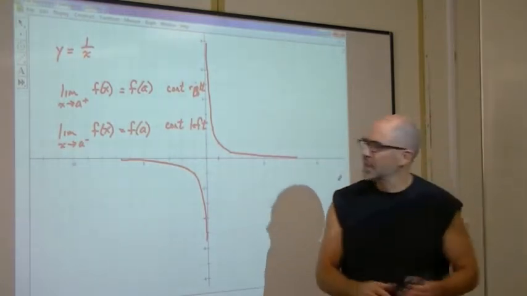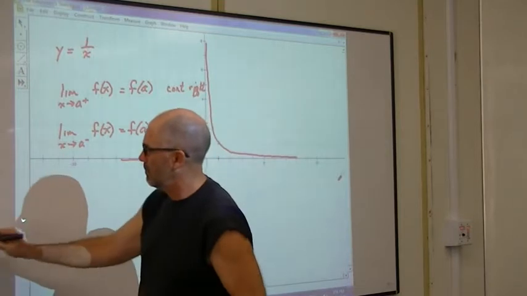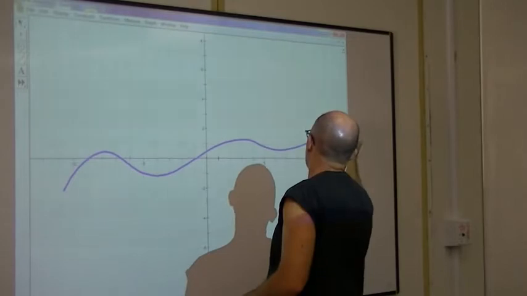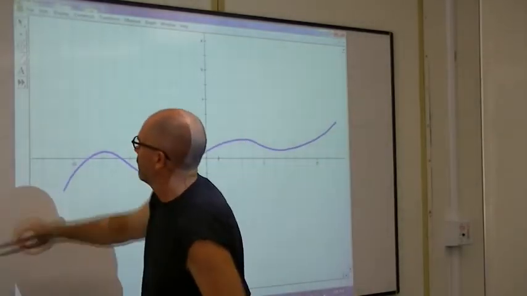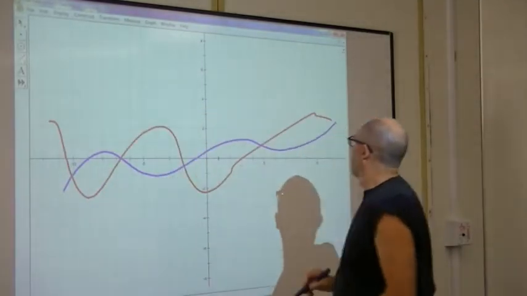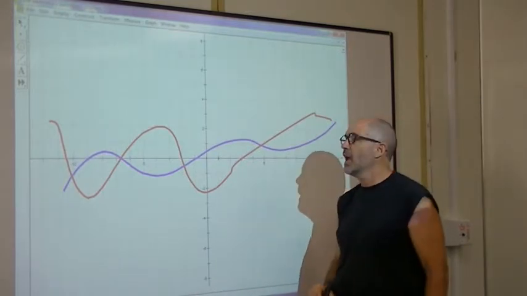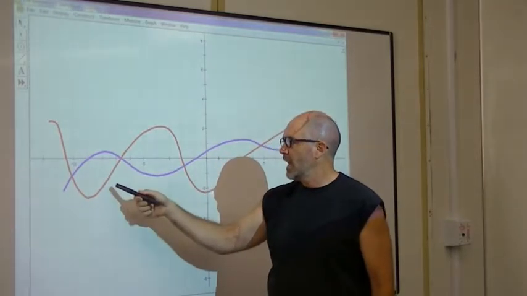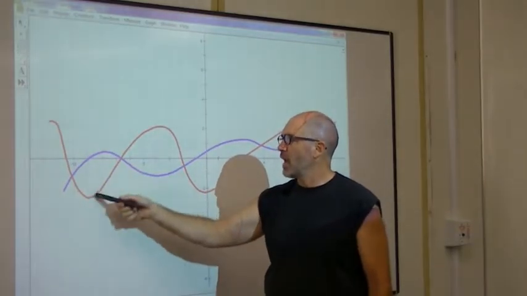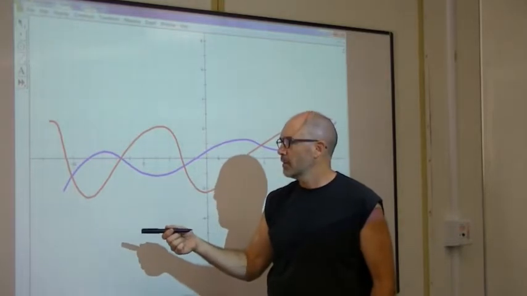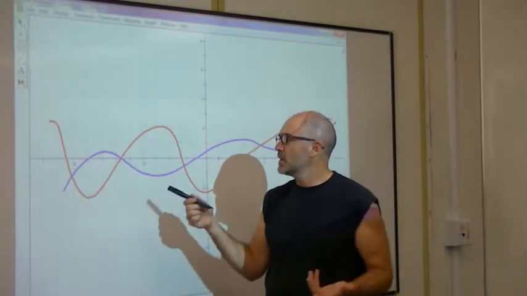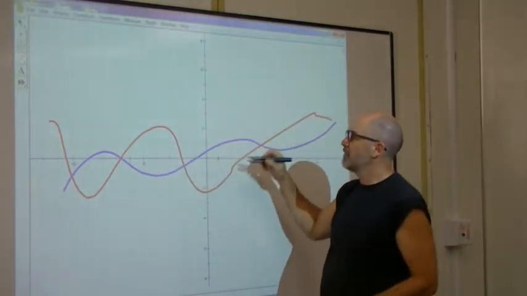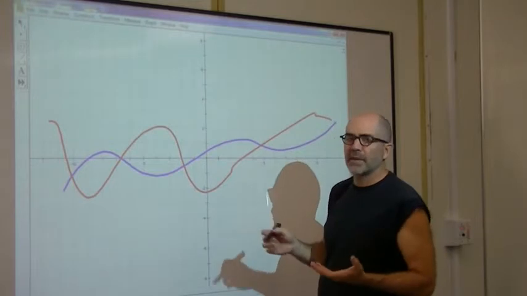If we have some function f and some function g, so here's f, here's g. Now, notice, at any given x value, I can add these y values and I will get another y value. Which means, at every x value, the sum of these two functions will also be defined.